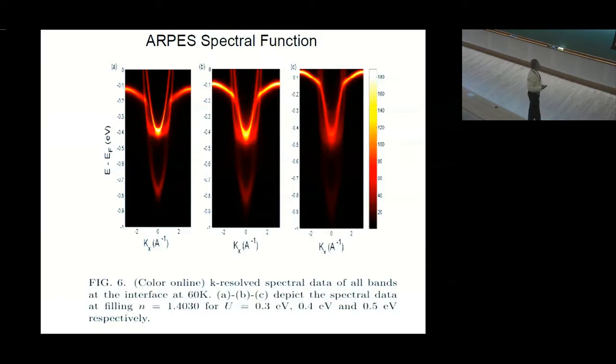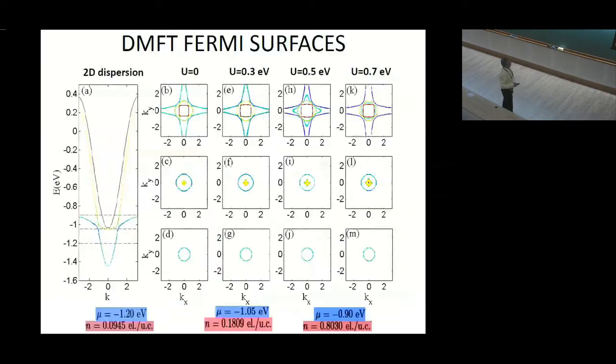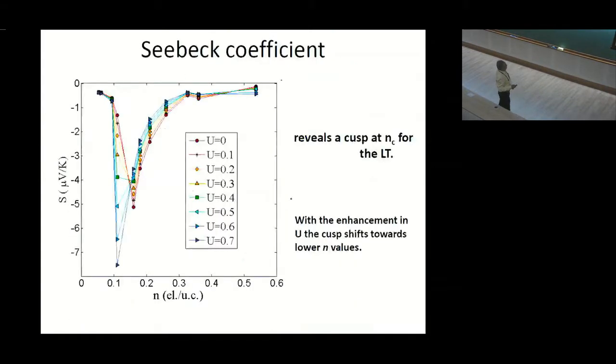And so we looked at the transport. These are the DMFT Fermi surfaces, and then we use this theory to calculate the transport, and what we find is the Seebeck coefficient is the one which reveals this transition most dramatically. There are very sharp peaks at each LT transition. We now have 2 Lifshitz transitions.